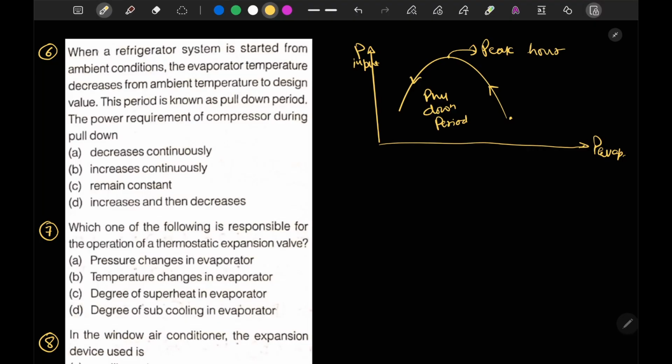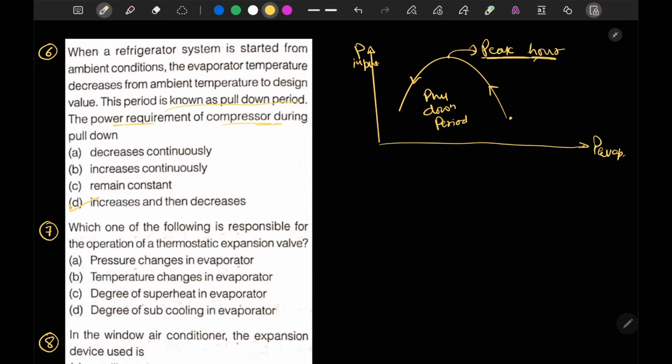Our compressor is designed based on the peak hour conditions. Here it is asked about the pull down period. The power requirement of the compressor during this pull down period increases and then decreases.